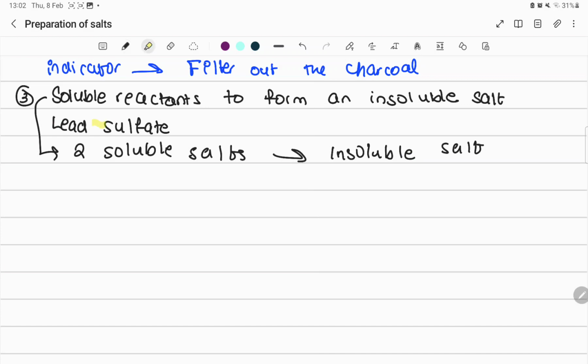So let's take lead sulfate as an example. Lead sulfate is insoluble. To form this salt, you will need two soluble salts, one with the lead as a reactant and one with sulfate as a reactant.